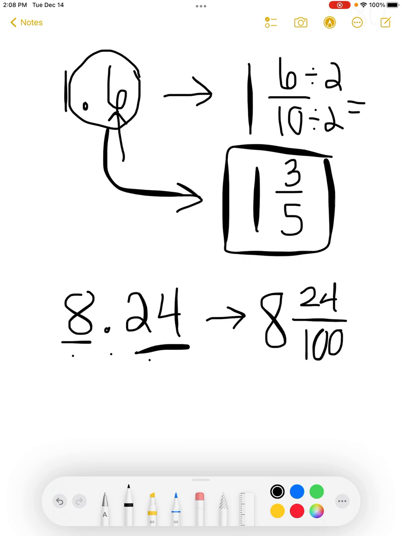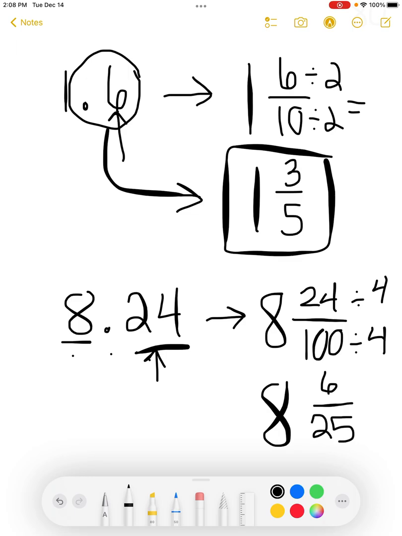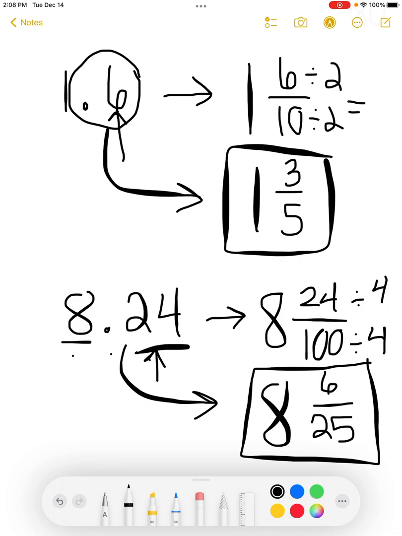Whenever we're working with a 2-digit decimal, we're going to place it over a 100. Last step would be simplifying. 24 and 100, they could be divided by 2 or 4. If I divide them by 4, I get 6 over 25. At that point, I can't go any further, so 8 and 6/25 would be our simplest form.